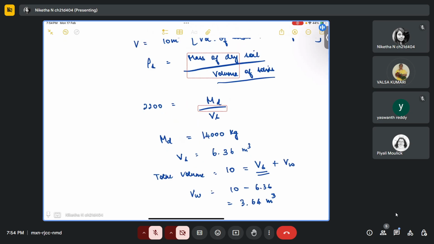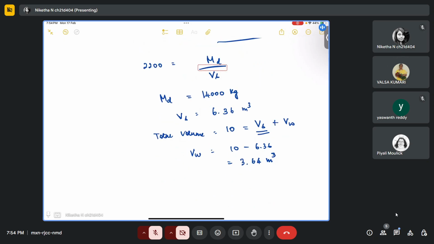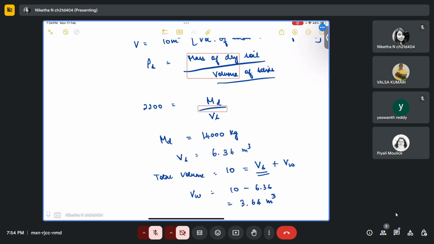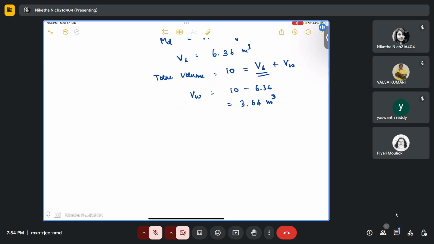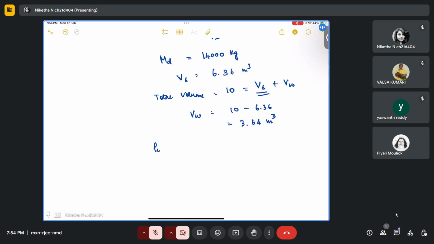So now we know the volume of solids and the volume of water. We have the density of water. Density is the mass of water by the volume of water. So in order to find the mass of water, we've been given the density and we already have the volume of water. So what is the mass of water?